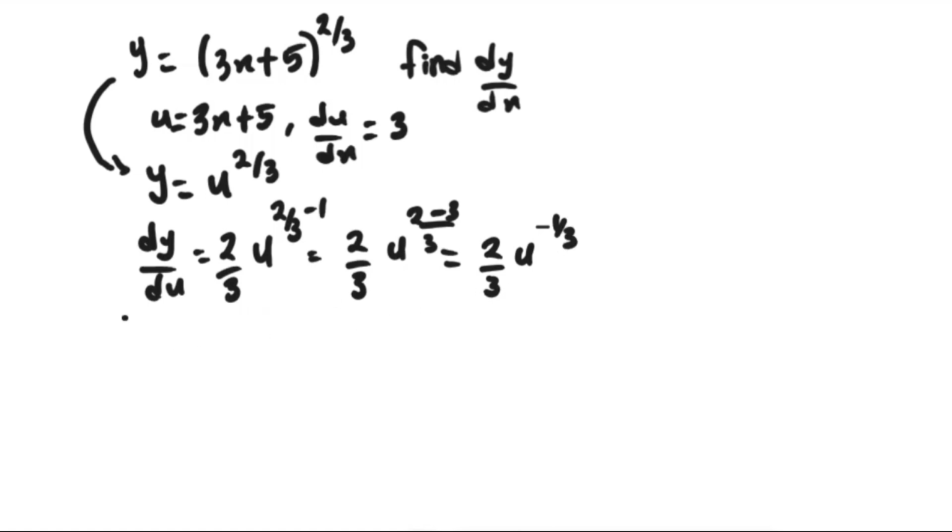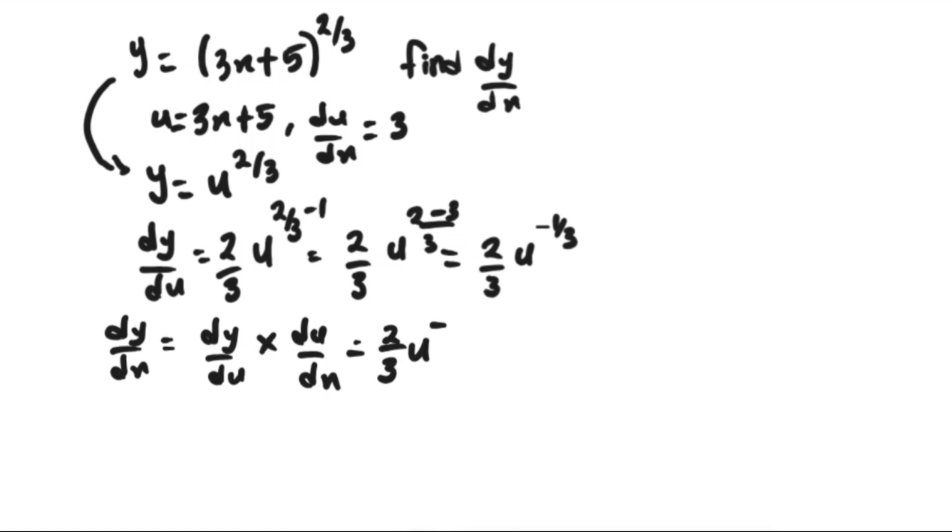Since our dy/dx is equivalent to dy/du times du/dx, our dy/du is 2 over 3 u raised to the power minus 1 over 3, times our du/dx, which is 3.